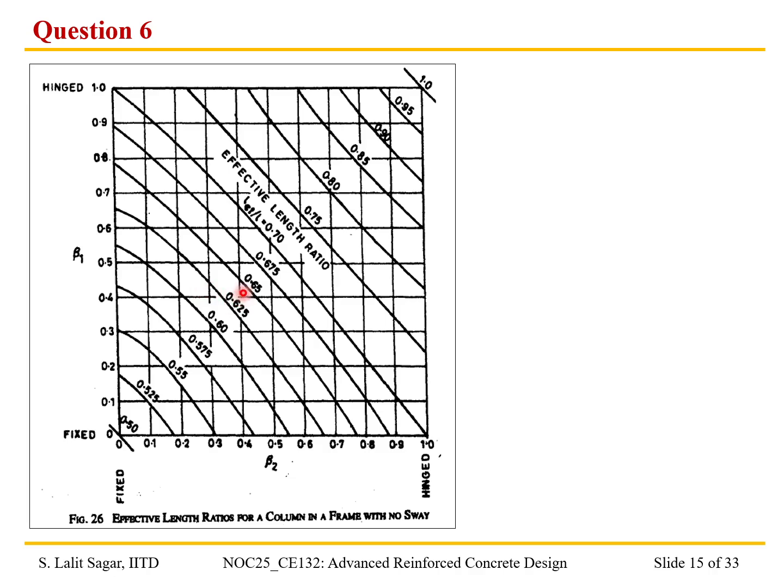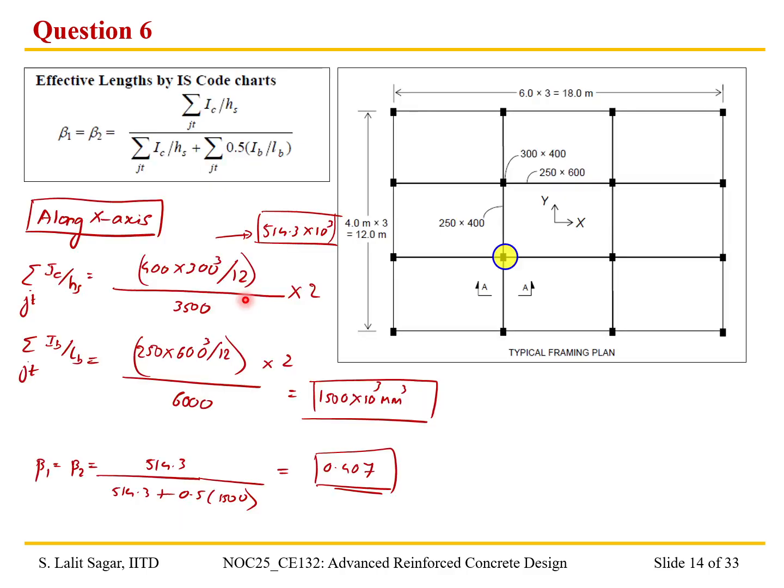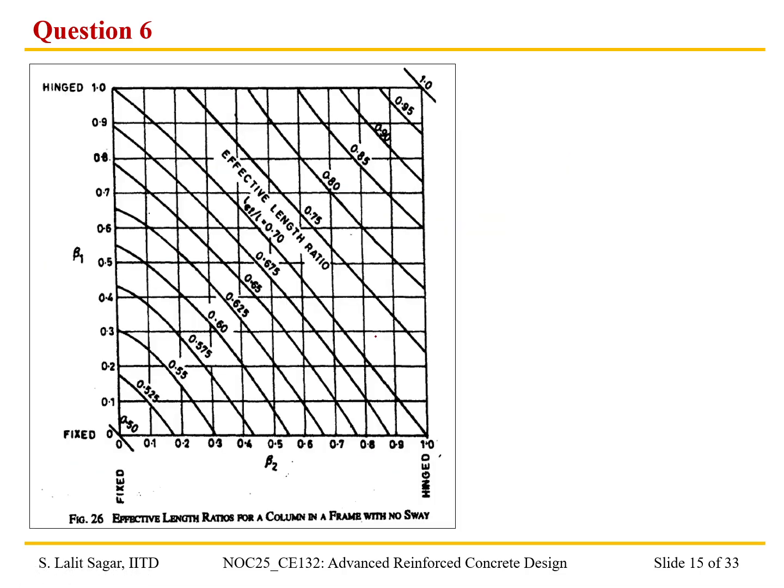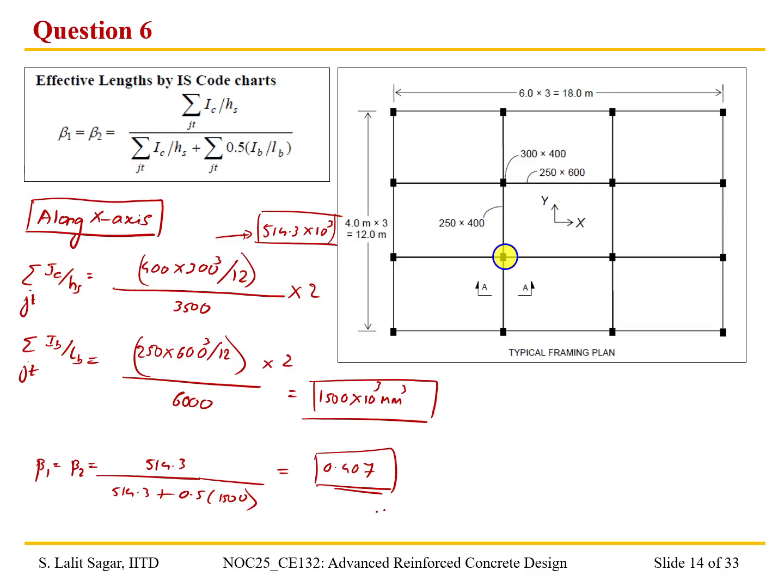We know that the effective length ratio, kx in this case, is between 0.62 and 0.65. Let us consider it as 0.64. So kx is 0.64.